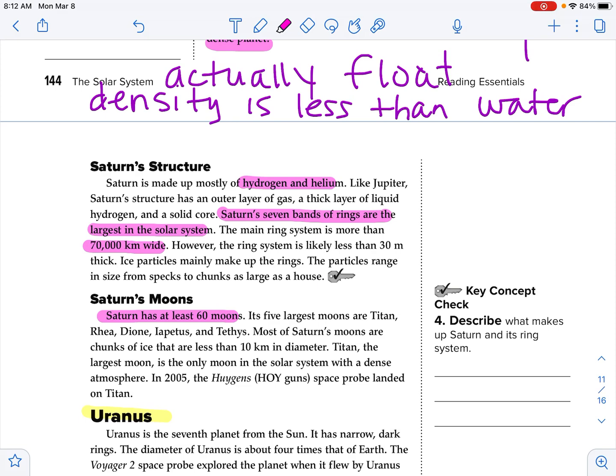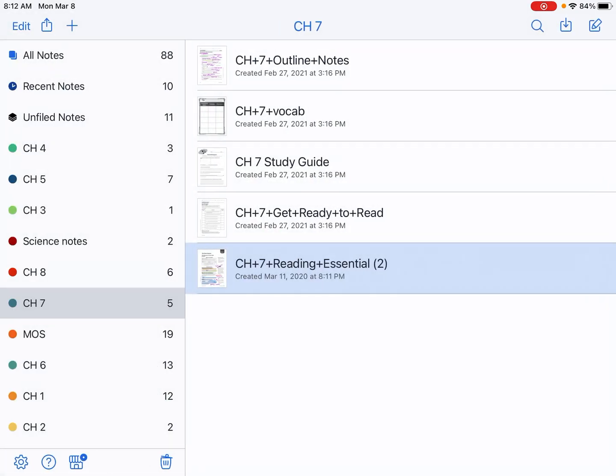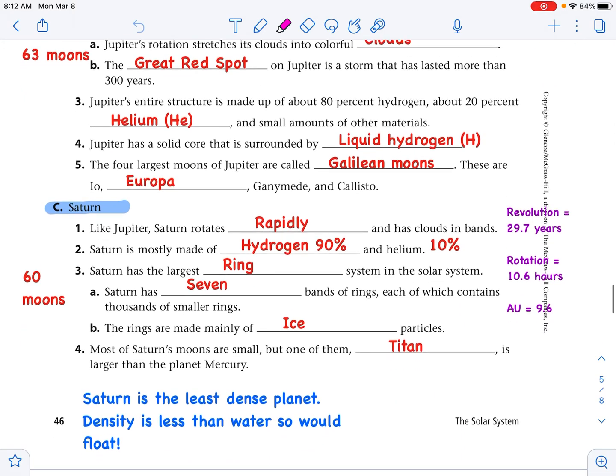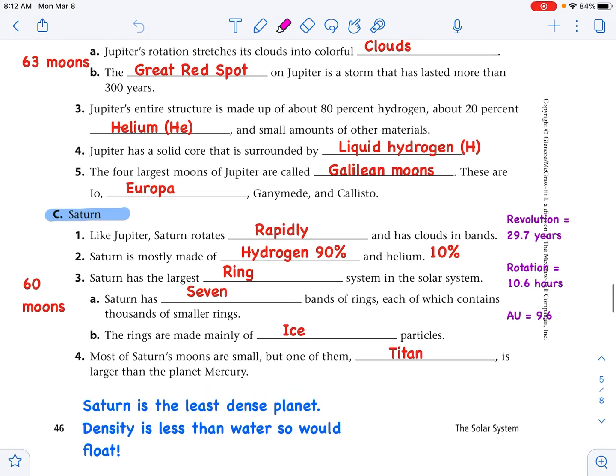All right, so let's go and get our outline notes done for Saturn. Okay, so like Jupiter, Saturn rotates rapidly and has clouds in bands. Saturn is mostly made of hydrogen, 90%, and helium, 10%. Saturn has the largest ring system in the solar system.